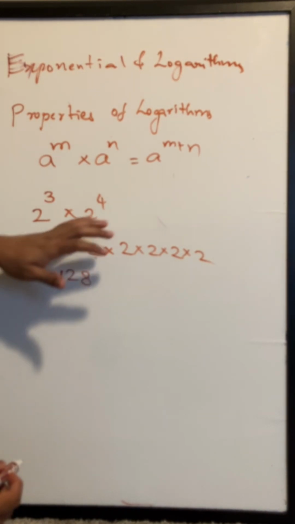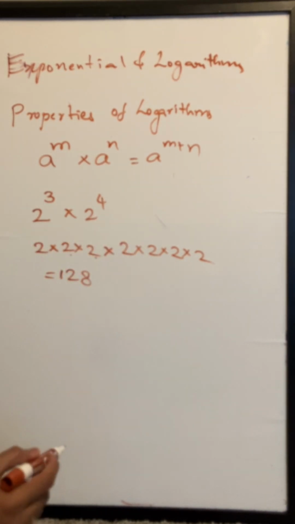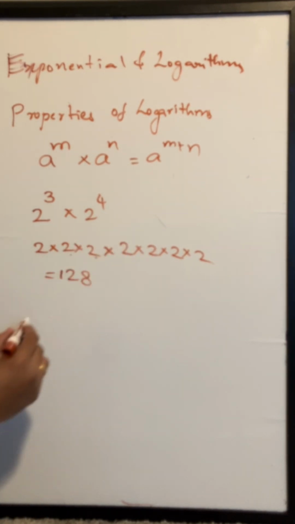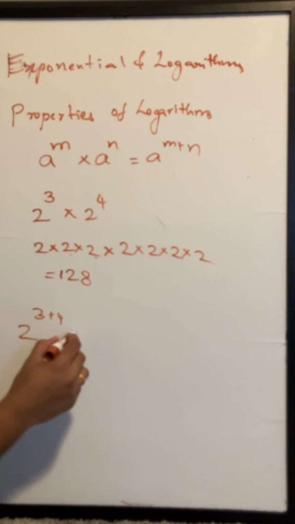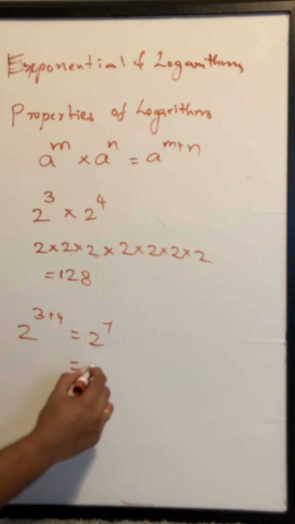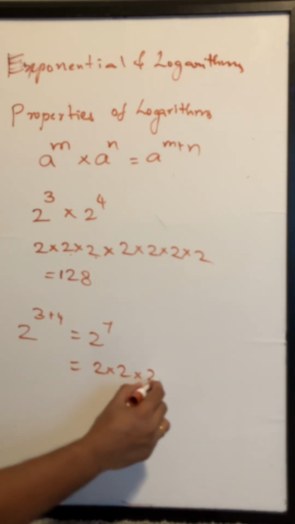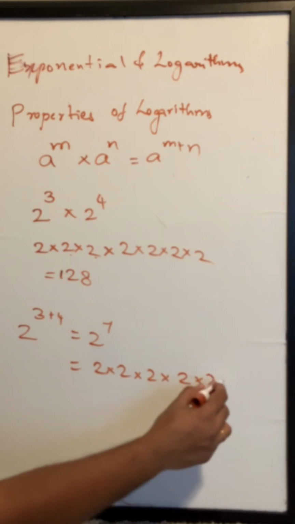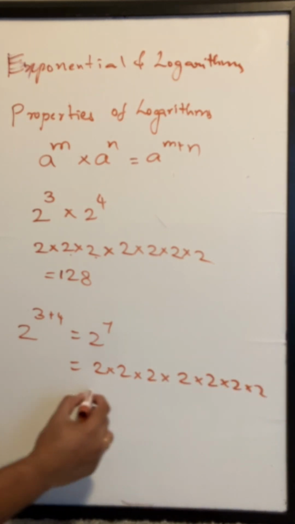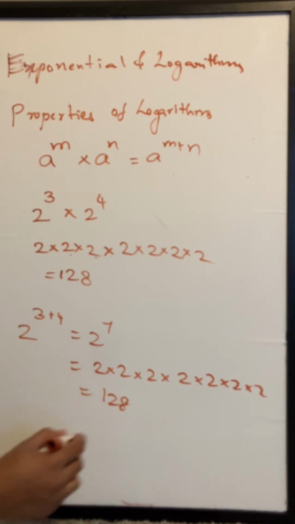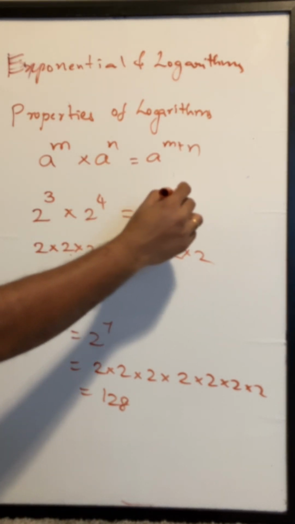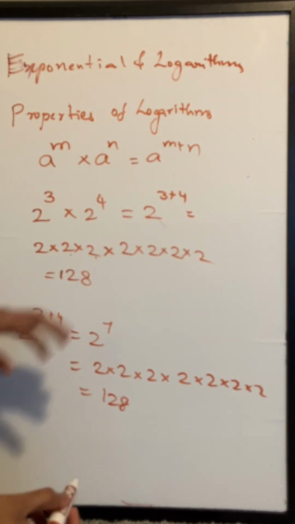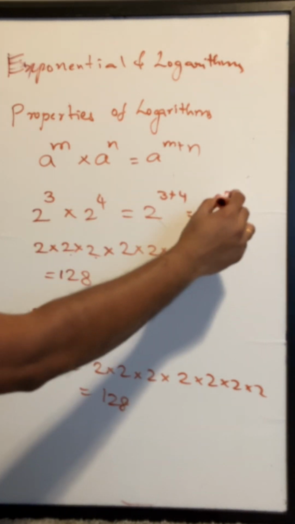And if we write it as 2 to the power of m plus n, it becomes 3 plus 4, that is 2 to the power of 7. If you write 2 seven times, it is also 128. So you can write it like this and it becomes 2 to the power of 7.